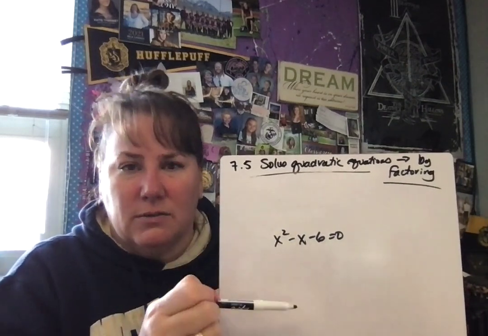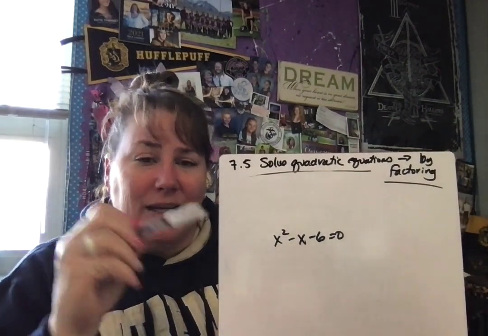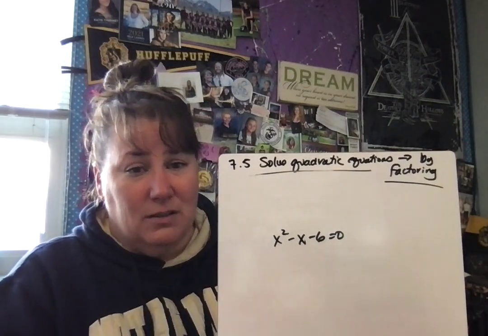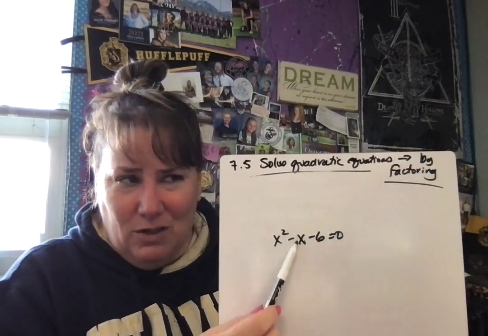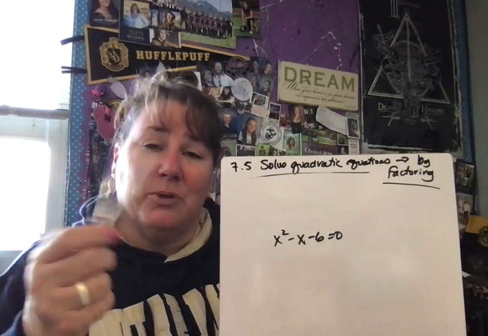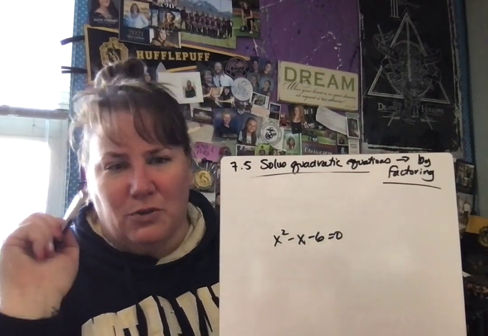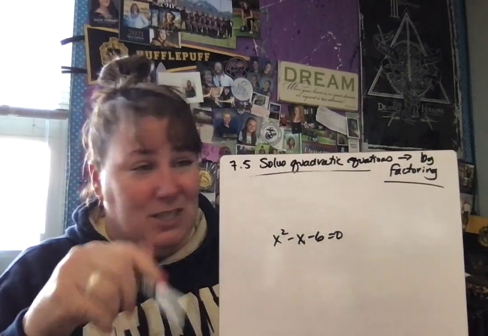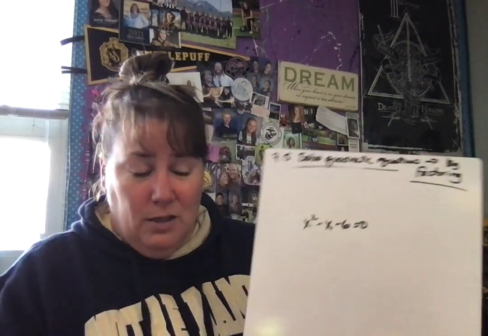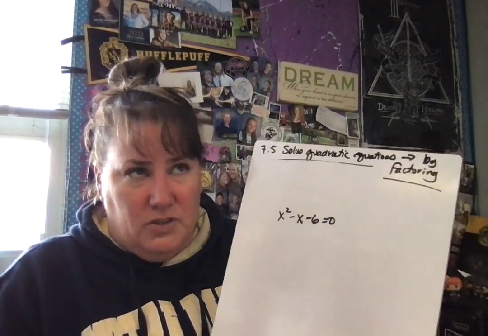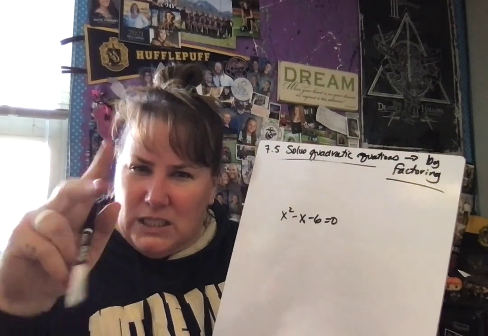Well, we factor it, okay? But on Monday, we can actually graph this. I don't want to graph this if I don't have to. So you're going to end up factoring before you graph. So that's why I have to do this one first, and that's why I made the mistake, and I'm glad I caught it, because Monday would have made no sense if I had done this afterwards. You wouldn't have seen the connection.